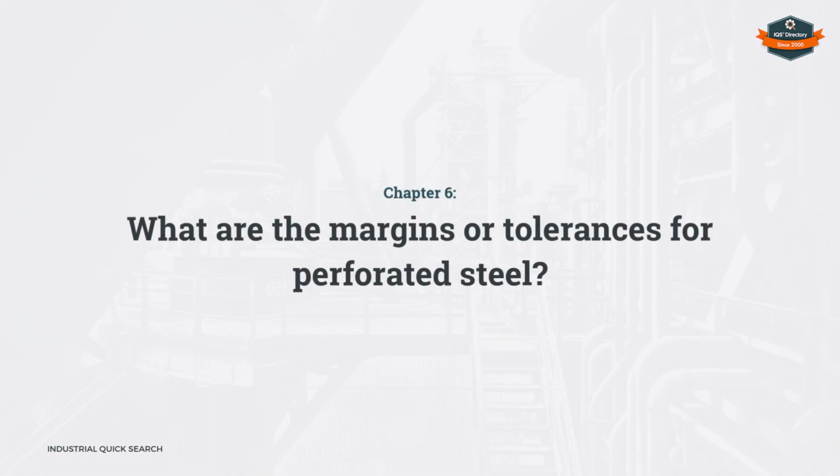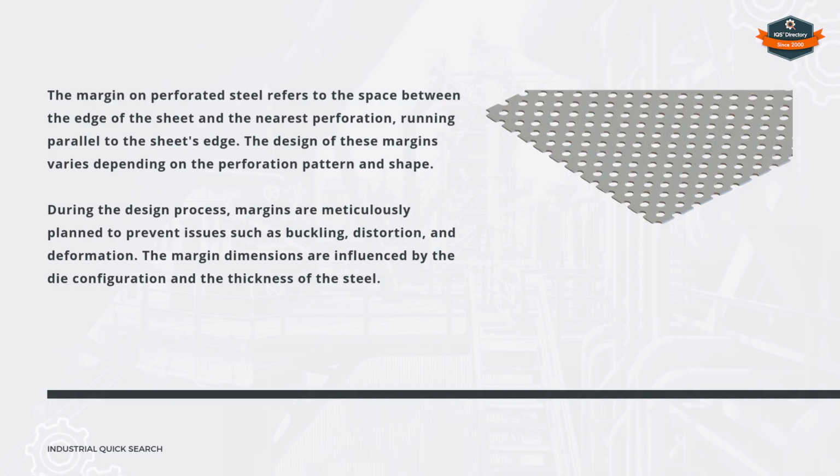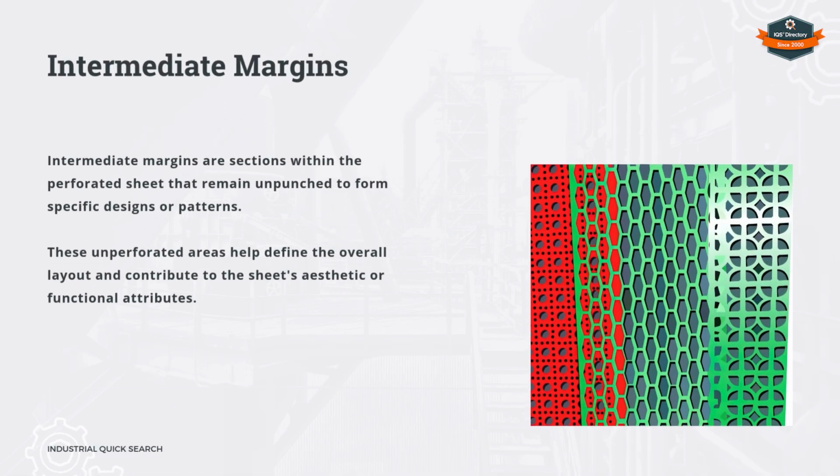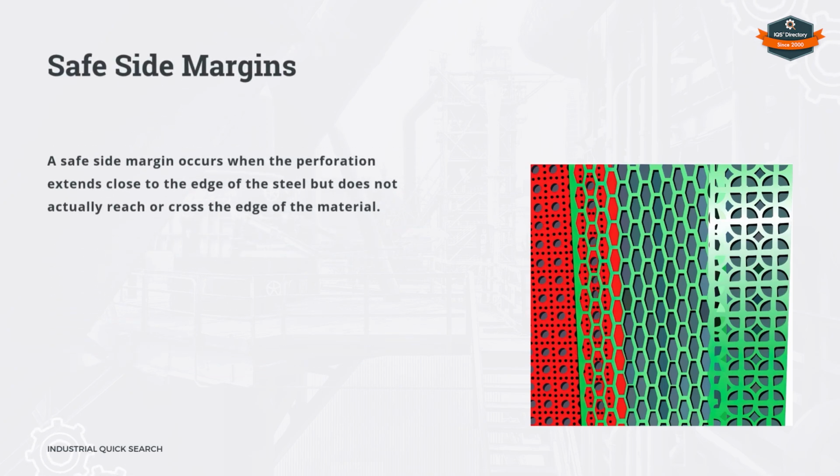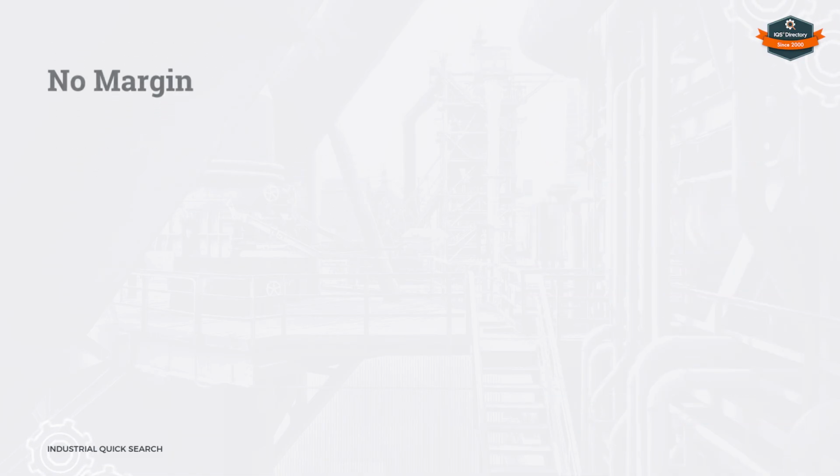Chapter 6. What are the margins or tolerances for perforated steel? Intermediate margins. Selective area margins. Safe side margins. No margin.